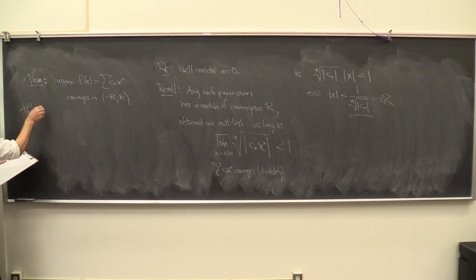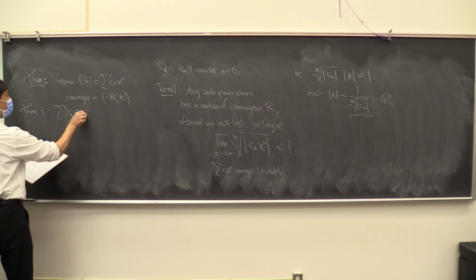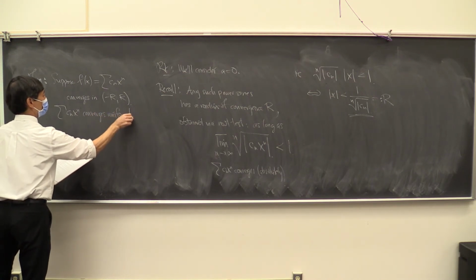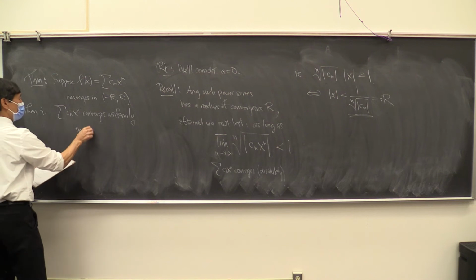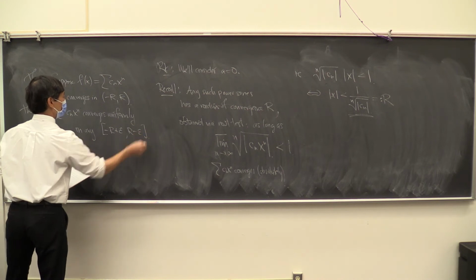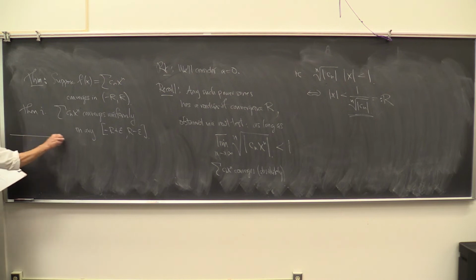Then the series converges uniformly in any closed interval negative r plus epsilon, r minus epsilon. So you have your radius of convergence, negative r to r, and what this is saying is that if you take any closed interval that's contained inside there, then you've got uniform convergence on that closed interval.